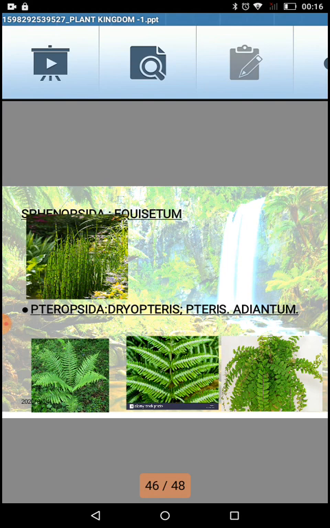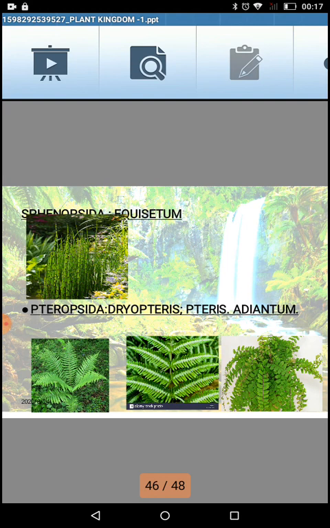That means big leaves are observed. Mostly macrophyllous leaves are there, though some small leaves, like in Adiantum, are also present, which are microphyllous in nature, whereas in ferns we mostly have big leaves. Homosporous in nature, and formation of antheridium and archegonium leads to the formation of zygote, embryo, and finally the sporophyte.